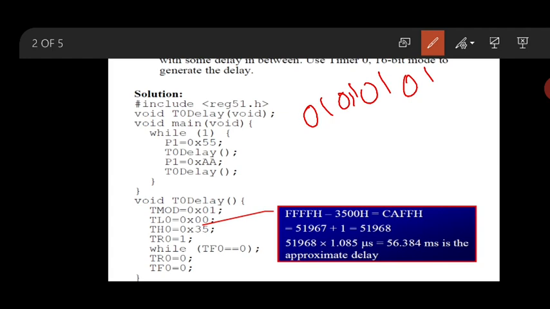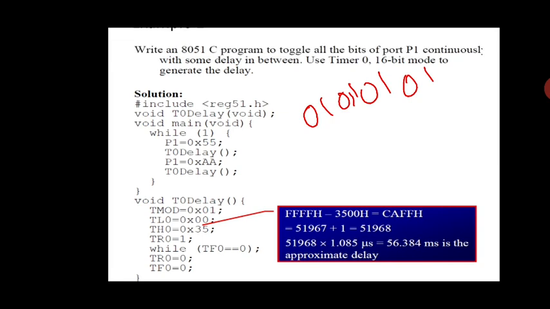Now immediately it will call the delay program, meaning my delay subroutine program will be called. When the delay subroutine program is called, we are using the TMOD register in mode 1. I hope you can understand this one, TMOD.